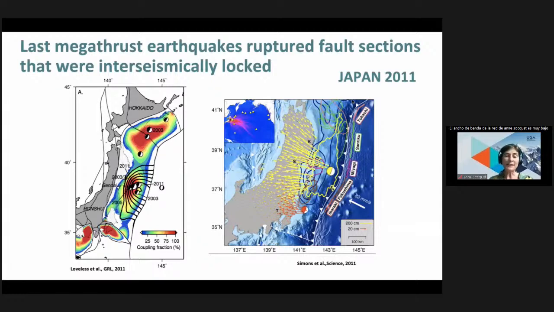What we can see is that there is a very strong gradient of this interseismic loading in this area. So if we invert this strong gradient, we obtain the following. Of course, depending on the model, the coupling distribution can change a little bit.